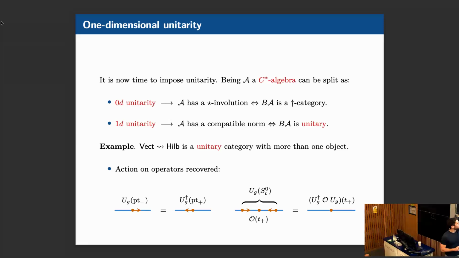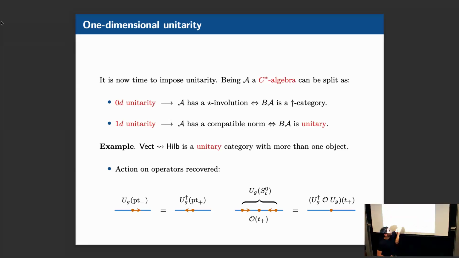Here the objects are just finite dimensional vector spaces. Here they are finite dimensional vector spaces with a positive definite Hermitian matrix. And this makes this a unitary category in the sense that you have a notion of adjoint, so a dagger, and you have a notion of norm for your morphisms. Okay, and I guess that's it.